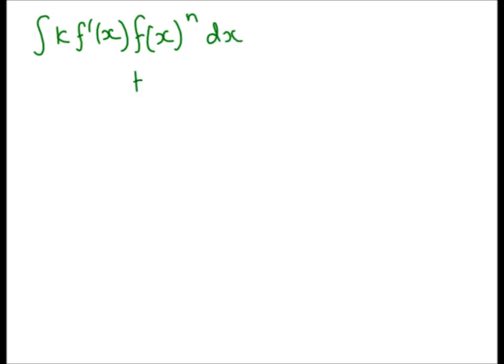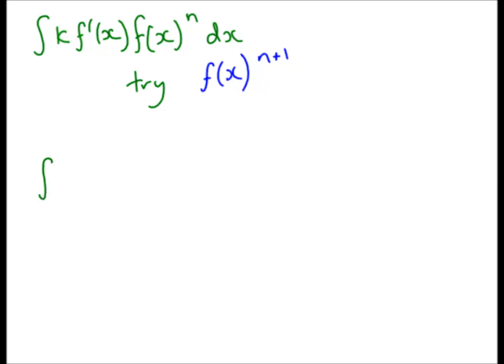Let's recap the 3 which we've looked at. If I've got to integrate something which looks like k f dash of x, f of x to a power, I'm going to try and see what happens when I differentiate f of x to the power n plus 1.